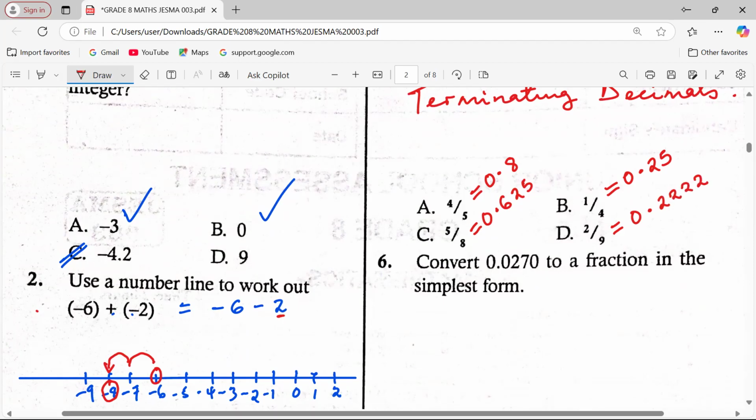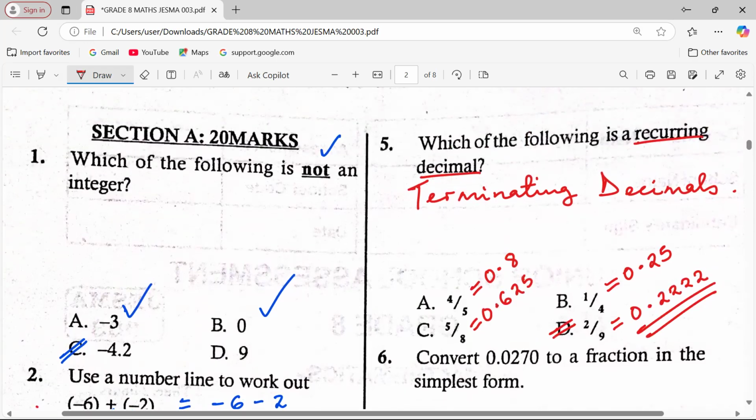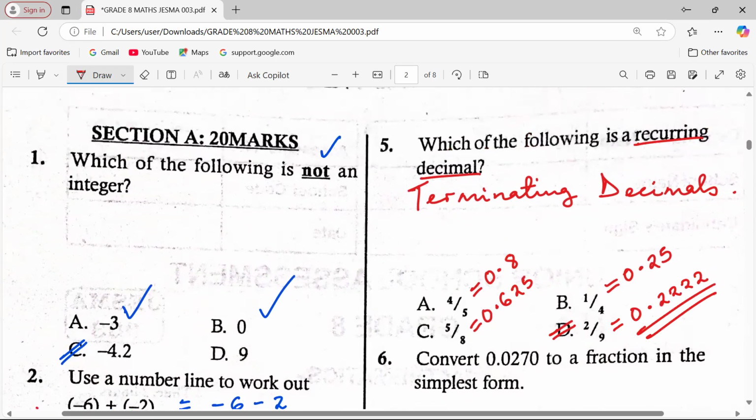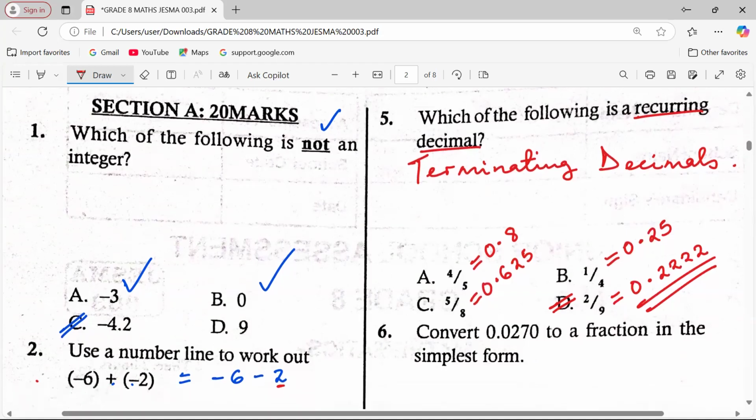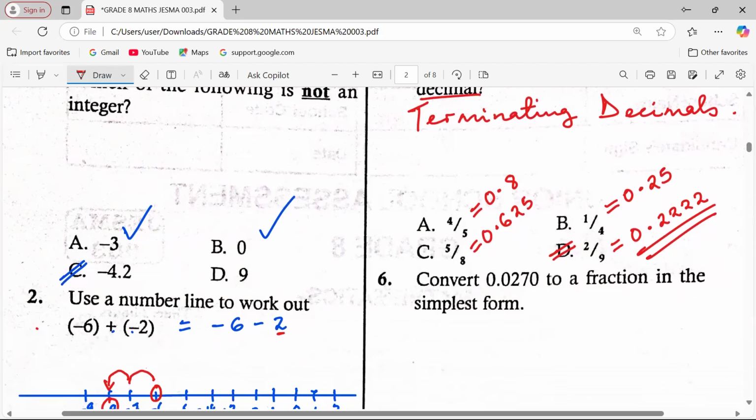There is a certain sequence here whereby 2 is repeating itself. Therefore, D is the recurring decimal. The others are called terminating decimals, whereby after dividing, it just ends very conveniently without even filling the screen of your calculator. The number just ends. So we have identified the recurring decimal in the provided choices.